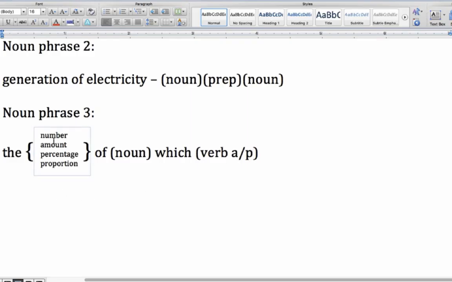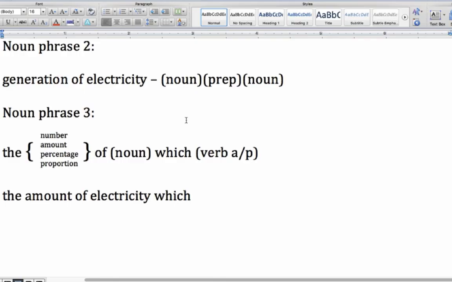So for number, we use number with countable. We use amount with uncountable noun. And percentage and proportion, you can use them. They mean the same thing. So in this example, the noun that we're going to put here is electricity. That is uncountable. So we say the amount of electricity. And then we must change this into a verb.